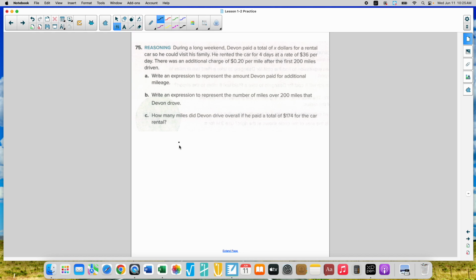Well, if he drove m miles, minus 200, and then we're going to take that and times it by 0.2. So that is 20 cents per mile after the first 200. Paid for additional mileage, that's A.